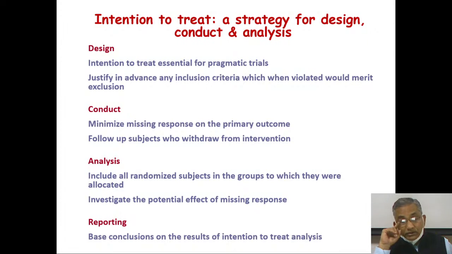In your protocol, you had mentioned that the participant will be there till the end of the study. So anyone who violates the protocol will not be included in per protocol analysis. So in per protocol, your n would always be less than the n for intention to treat analysis.